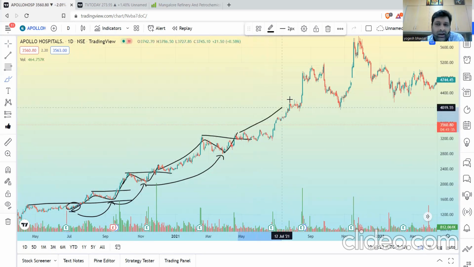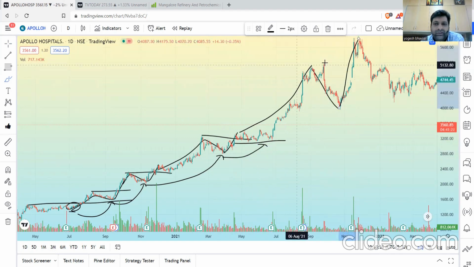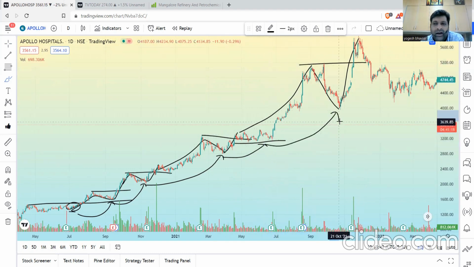Now it goes up again. What do you do? This is your stop loss area. You shift. Market goes up, down, and again the market breaks this high. You shift your stop loss again here. Now what happens?